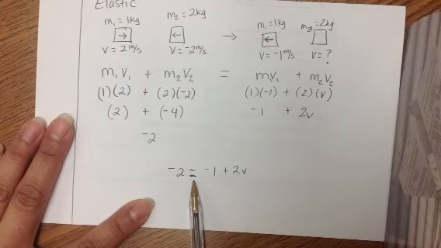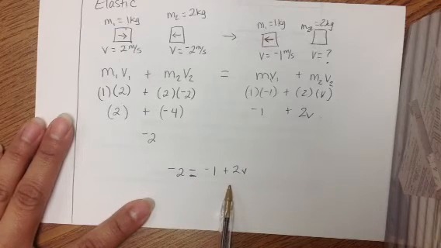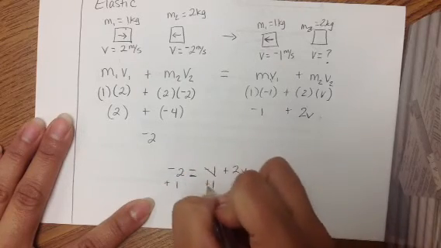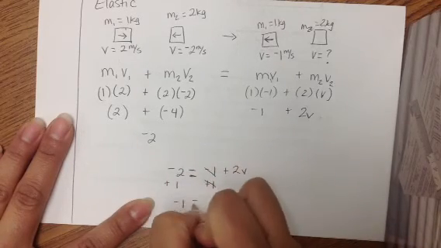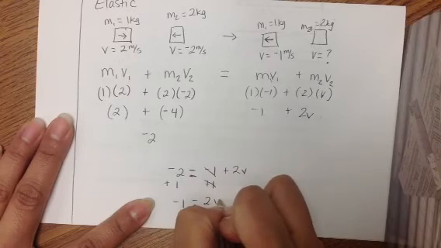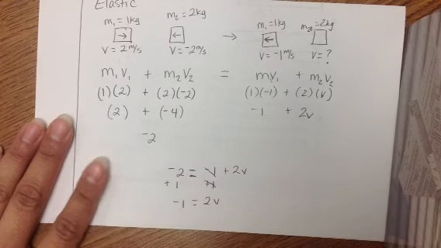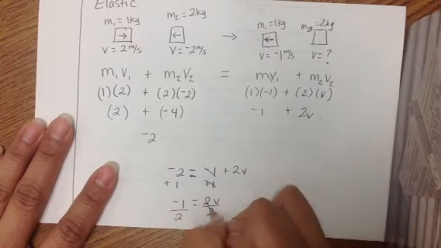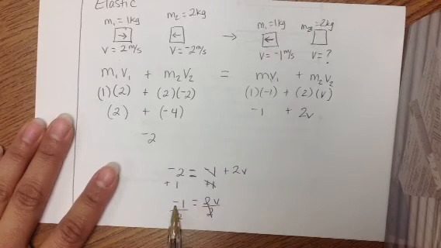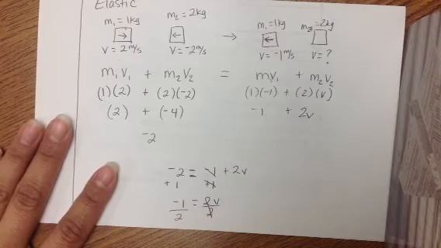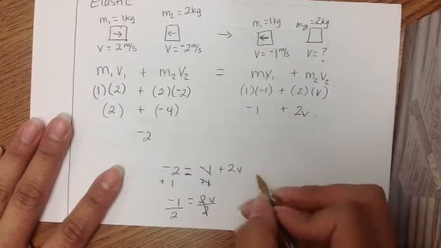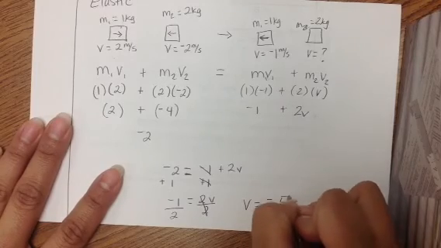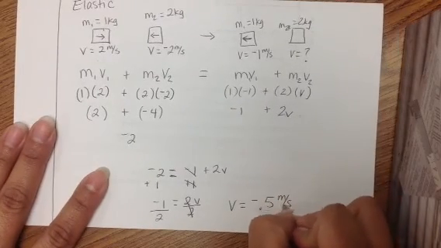This is basically subtracting 1 from the 2v, so we are going to add 1 to both sides. So I have a negative 1 equals 2v. Now I can separate that 2 and that v by dividing. So we get v equals a negative 1/2, or we would say that v is equal to negative 0.5 meters per second.